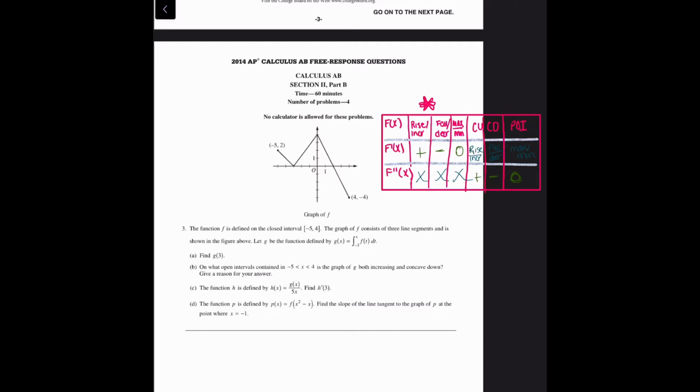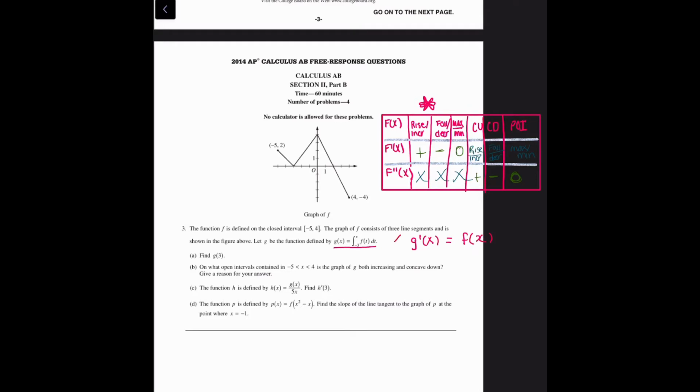So the first problem says find g of 3. So g of 3, what is g defined to be? That's right here. It's the integral from -3 to x of the function f of t. So before we begin, let's write down one relationship. The derivative of g is equal to the function f of x.